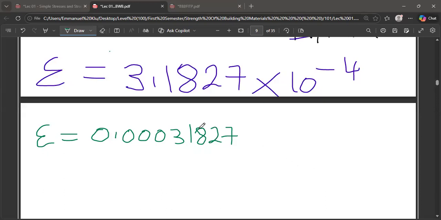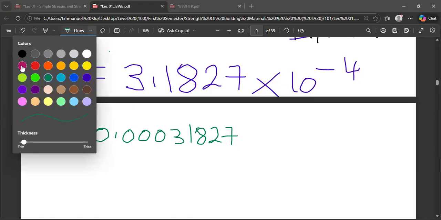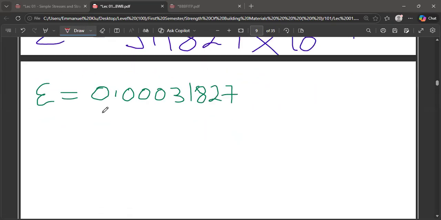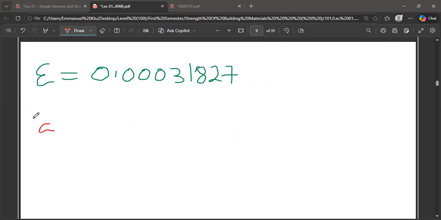So, the last thing we are supposed to look for is our elongation. Okay, and what did we say elongation is called? Can anyone tell me what we said elongation can also be called? Elongation is change in length.